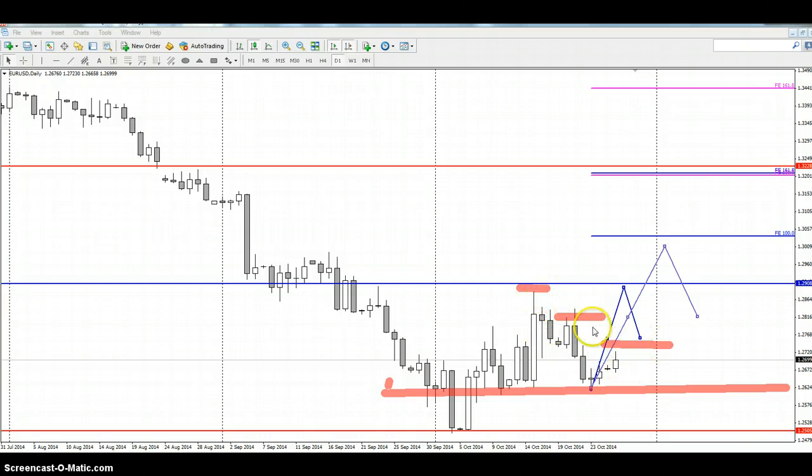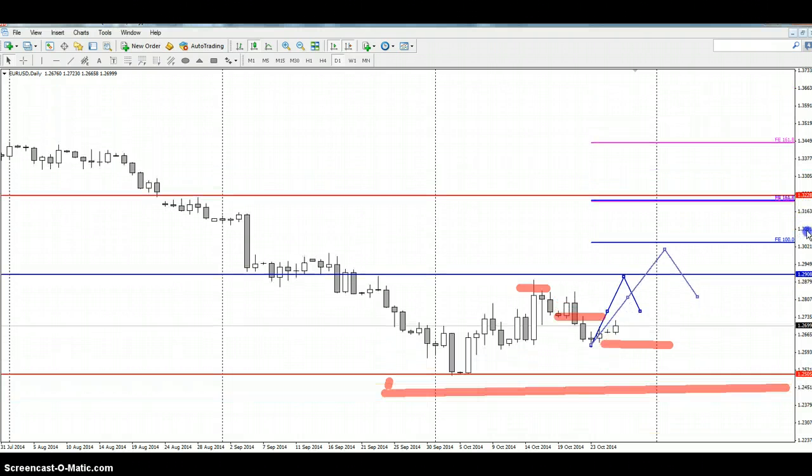So that level broken here would confirm a second, a third lower high, and if it does break that level, very likely it will go down to 25 figure and potentially could break it.